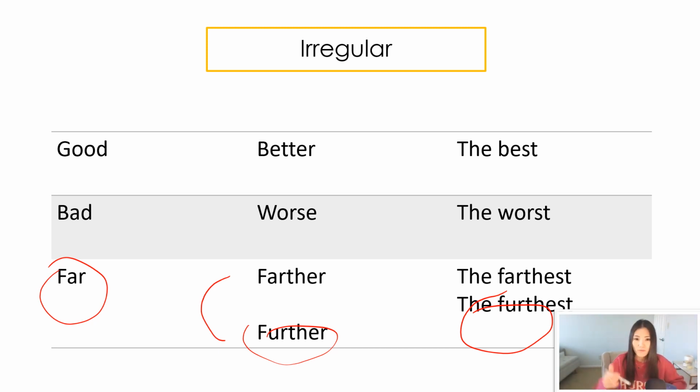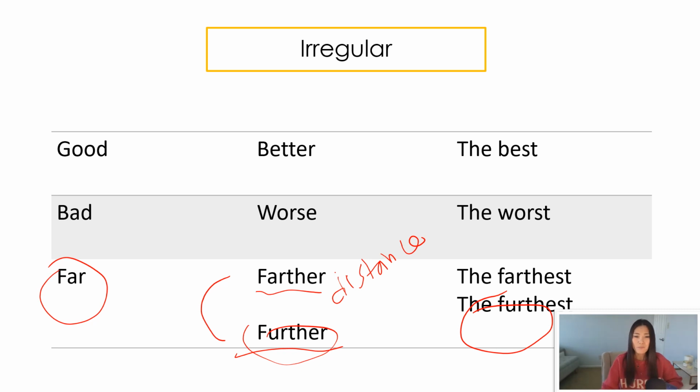The first one, farther, is the physical distance. So your house is farther than my house from school, right? He ran farther than she did. So we're talking about a physical distance, whereas further with the U talks about non-physical distances.